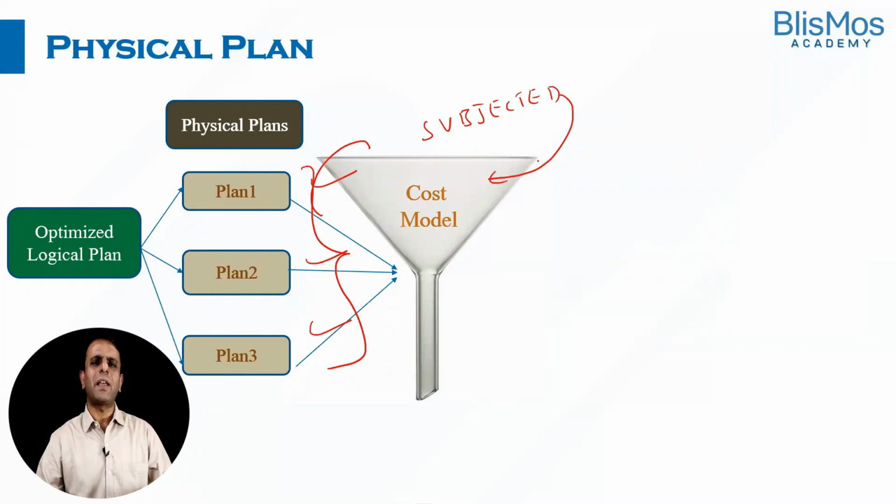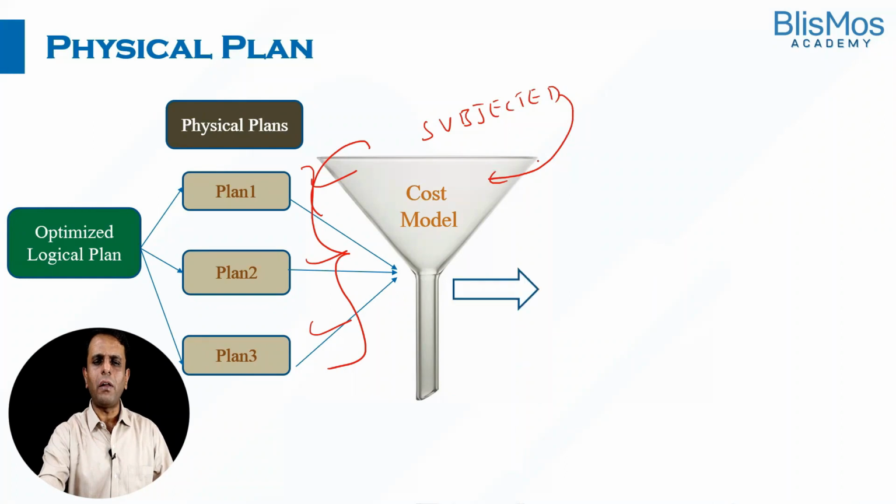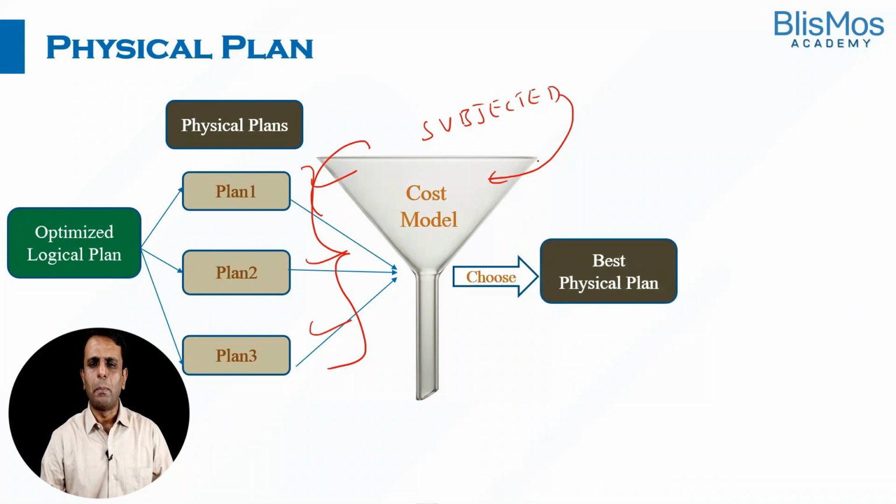What essentially is happening as a part of the cost model analysis is checking whether the plan is taking the least amount of time or not. For example, whatever joins you have mentioned, are they mentioned properly or not? Multiple points like that are verified and validated, and out of all these multiple physical plans, the best physical plan is chosen.